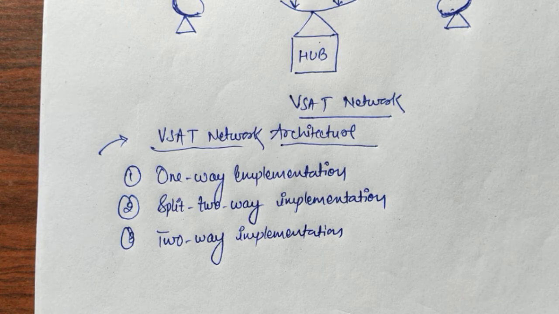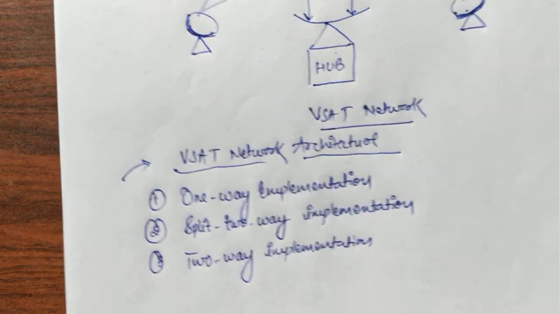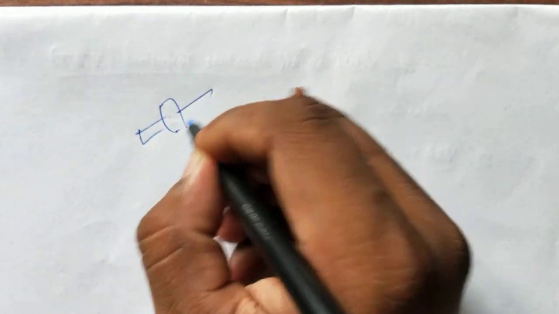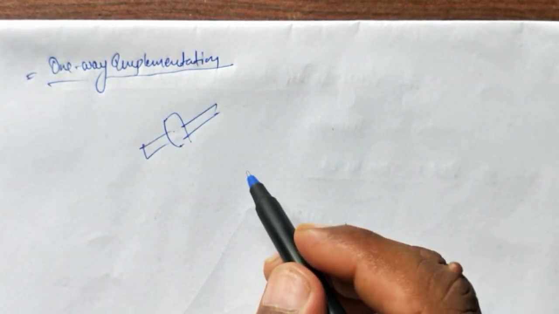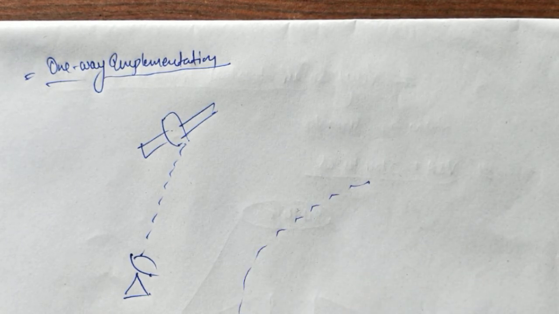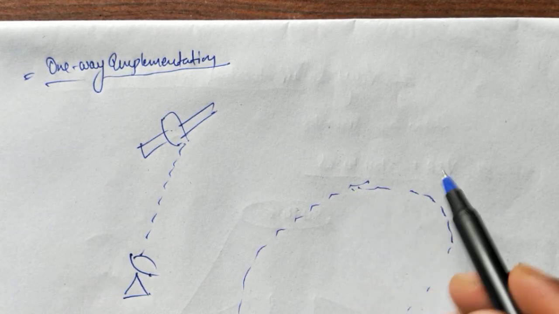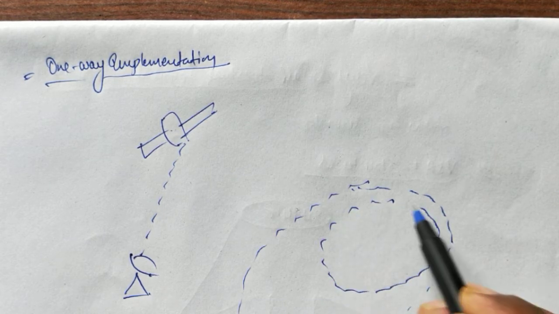So let's discuss them one by one, starting with the one-way implementation. Let me draw a figure for that. This is a satellite. We are going for the one-way implementation. This is an antenna, and here we have a number of earth stations.